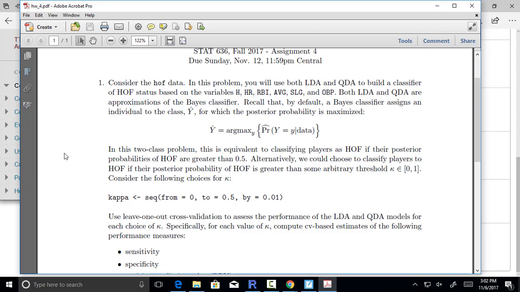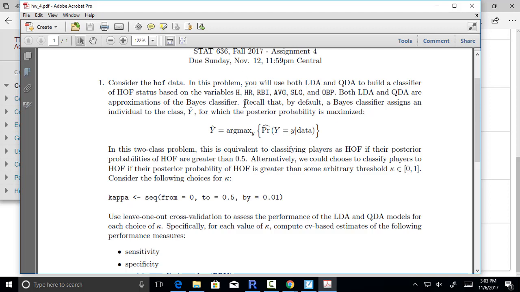The supervised learning problem is of 2 different flavors. One is if your response is numeric, and one is if your response is categorical. And with the categorical response case, we do what's called classification.